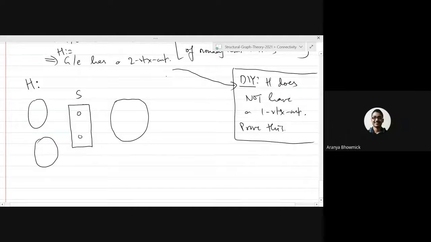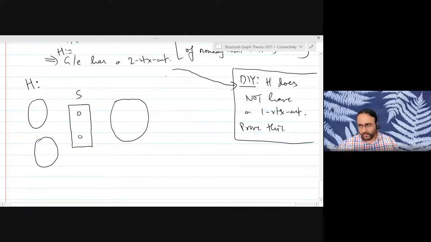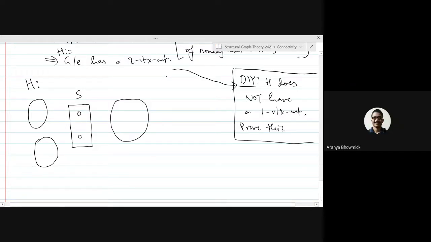Sir, I think since we know that G contracted E has a non-adjacent pair of vertices, there will exist one such non-adjacent pair which will form a 2 vertex cut. I don't understand what you're saying, sorry.